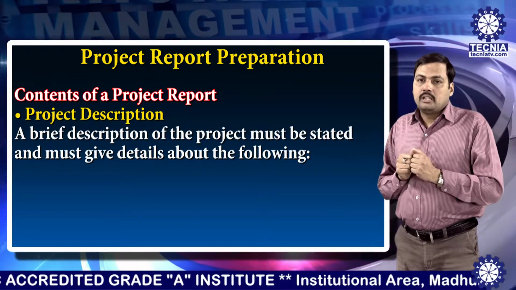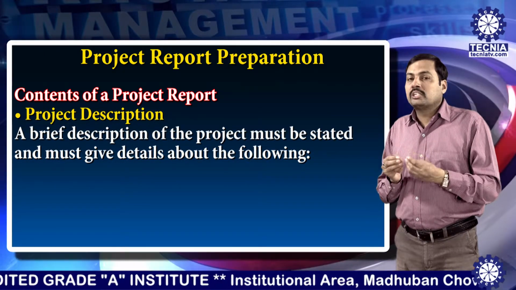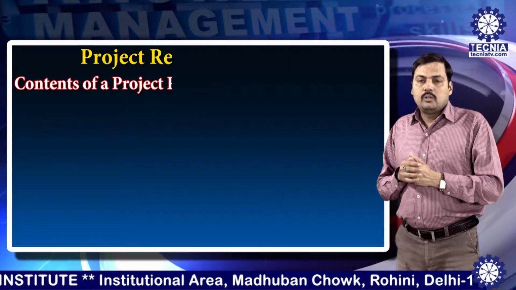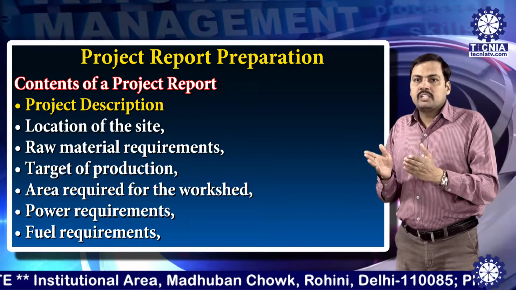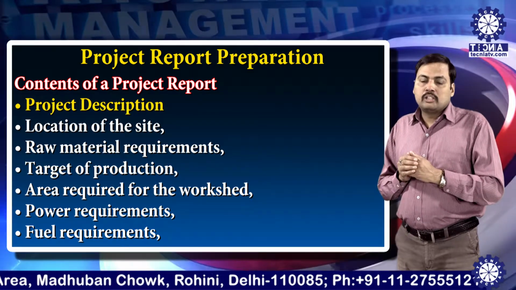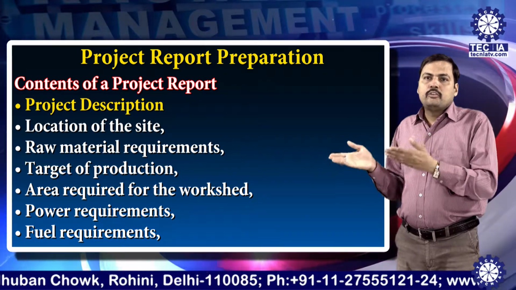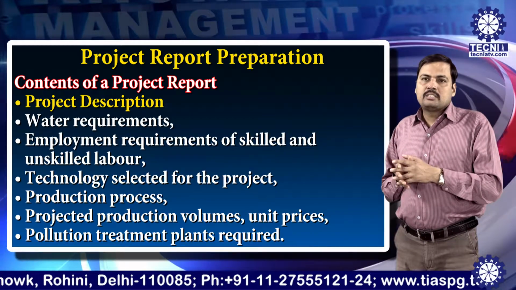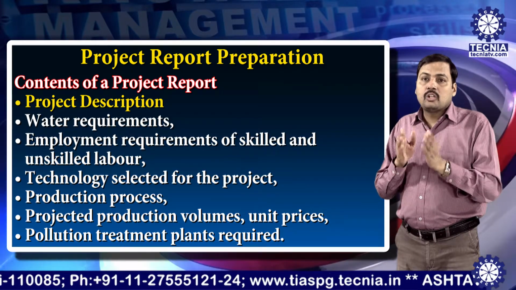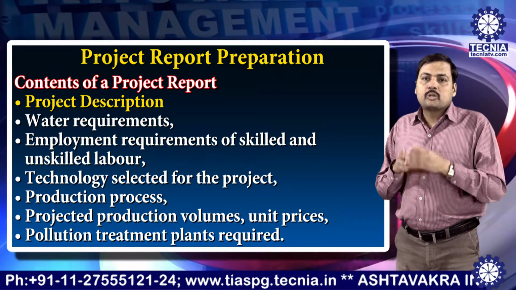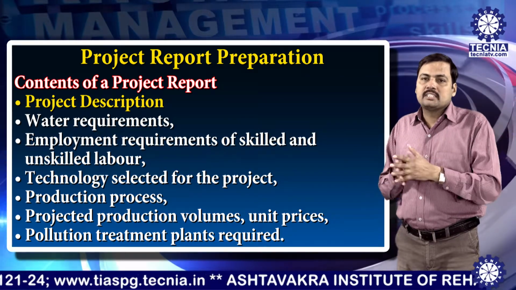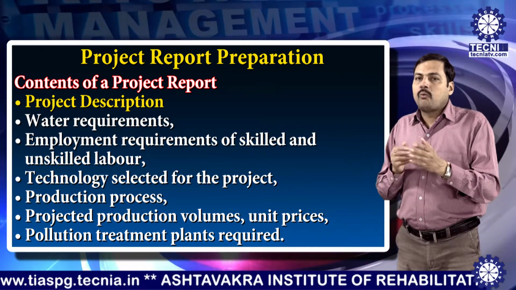Project description. A brief description of the project must be stated and must give details about the following: location of the site, raw material requirement, target of production, area required for the workshed, power requirements, fuel requirements, water requirements, employment requirements of skilled and unskilled labor, technology selected for the project, production process, projected production volume, unit prices, pollution treatment plants required.